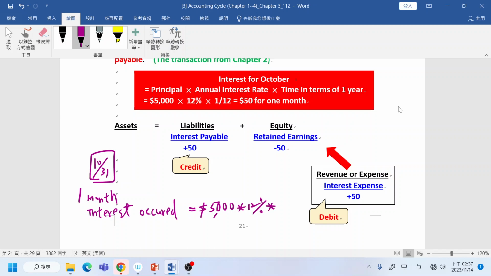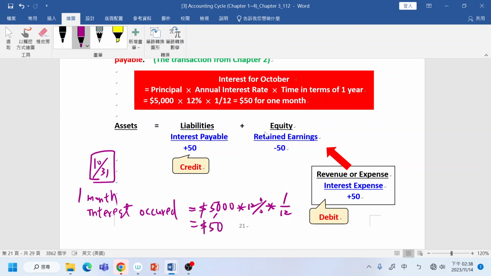That's for 1 year. 1 month is 1/12. Okay? So $5,000 times 12%. That's for 1 year. But here we are only past 1 month. 1 month is 1/12. Okay? So we got 1 month interest is $50.